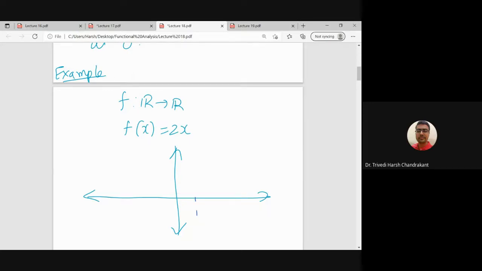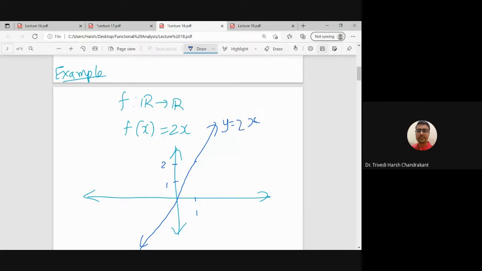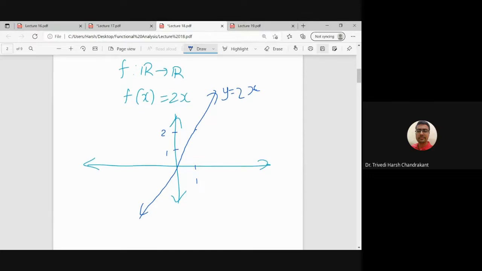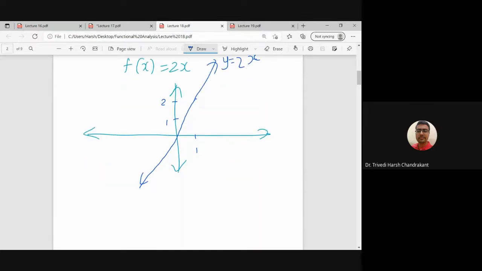At x equals 1, the value is 2. Right. So this is the y equals 2x line. And from the graph itself or the definition of the function itself, f is linear.